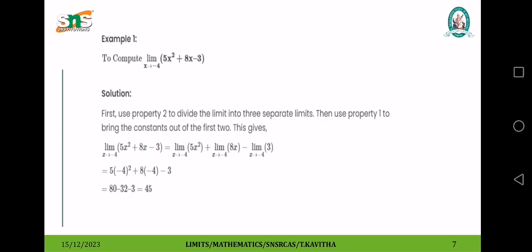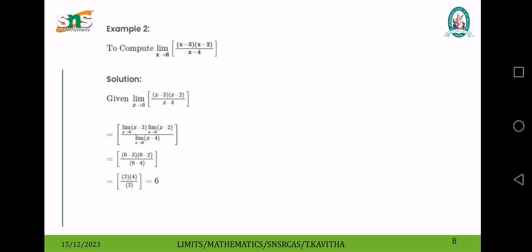This gives limit x tends to minus 4 of 5x square plus limit x tends to minus 4 of 8x minus limit x tends to minus 4 of 3. We substitute the value of x as minus 4, then we get 5 into minus 4 whole square plus 8 into minus 4 minus 3. Minus 4 square is equal to 16, 16 into 5 is 80, 8 into minus 4 is minus 32, and minus 3, we got 45.